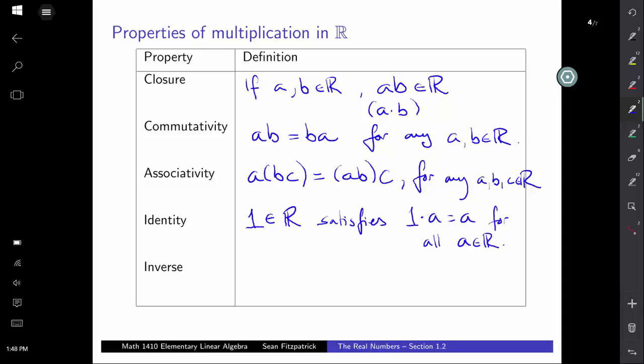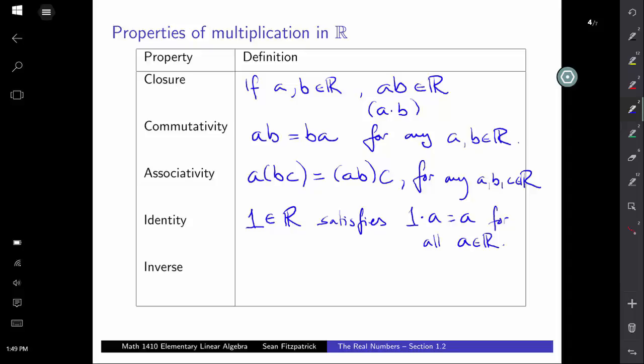And finally, inverses, just as with addition, we use the negation, the inverse with respect to addition, to define subtraction and allow us to sort of do some cancellation there. The inverse with respect to multiplication is what leads us to division.